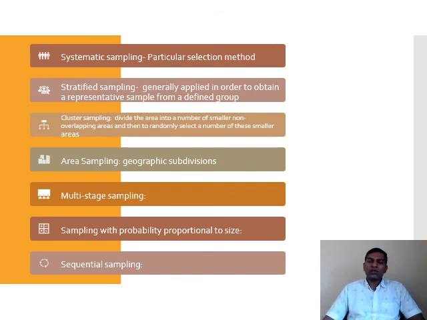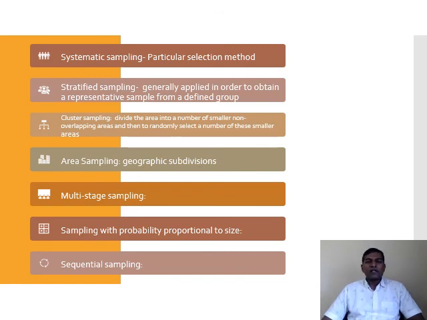So from the districts which have a smaller population, we can collect a smaller number of data samples, and from the district which has a large population, we can collect a larger number of samples, so as to maintain a proper proportion between the groups and their sizes, so that the sample will be more fruitful and more usable for further processing.